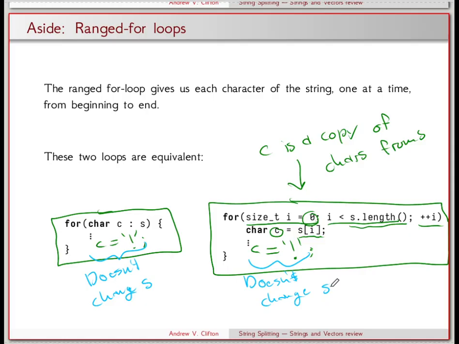So if we tried to do it here, it wouldn't compile because we already promised that we weren't going to do that. So this is the basic outline: we're going to loop over the characters in our string one by one from beginning to end, and then look at them with some kind of if-else and use that to figure out where the words and the spaces are.